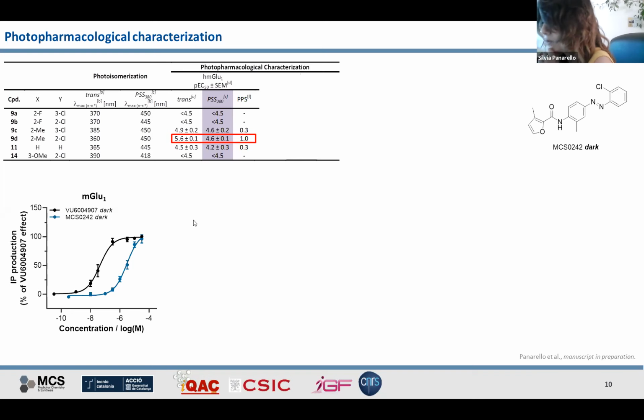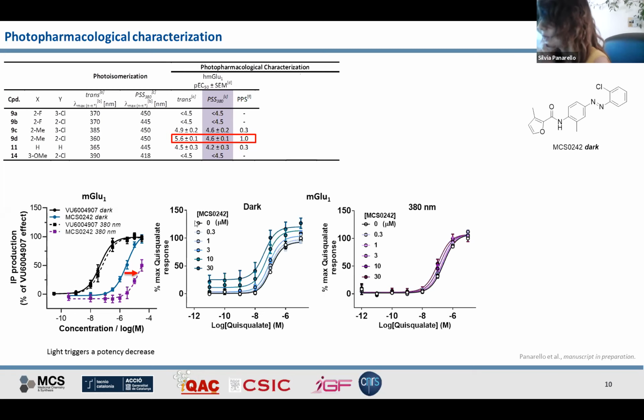But after illumination, the compound displayed the highest light-induced shift on the PAM activity with a 1 log-fold shift of the potency. Further pharmacological characterization told us that the compound could display agonism by itself in the dark with a very low concentration of the orthosteric ligand, while upon illumination it does not.